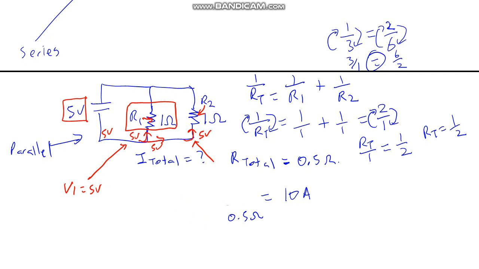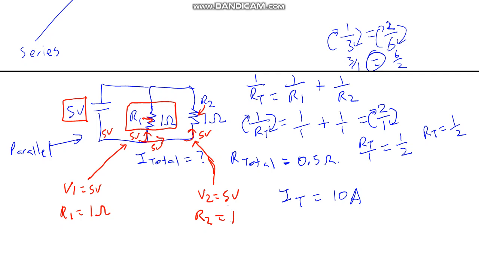So let's delete that. We'll say IT is 10 amps. And V2 is 5 volts. R1 was 1 ohm, and R2 was 1 ohm. And so you could have I1, which is equal to V1 over R1.